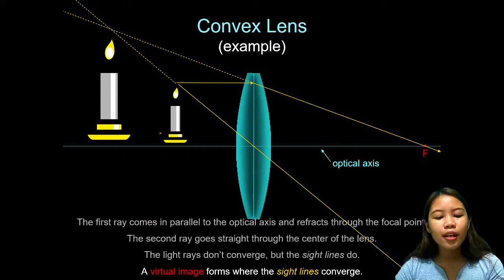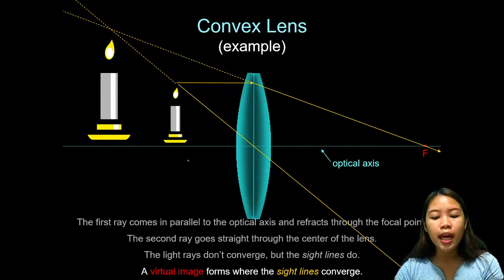It is located on the object side, therefore it is virtual, and it is larger compared to the object, therefore it is enlarged. Take note that we have here a longer focal length compared to the DO.